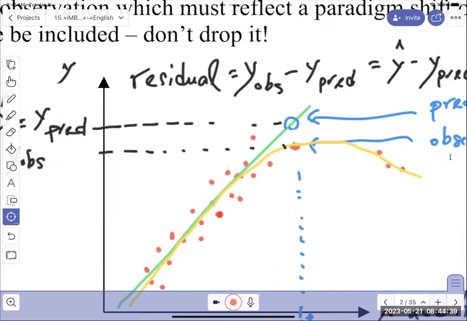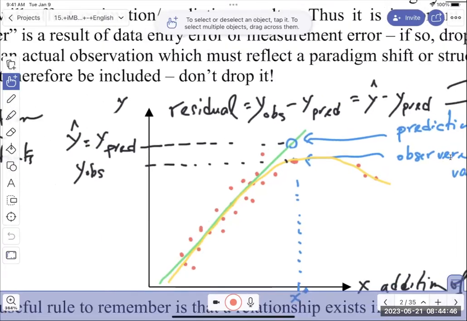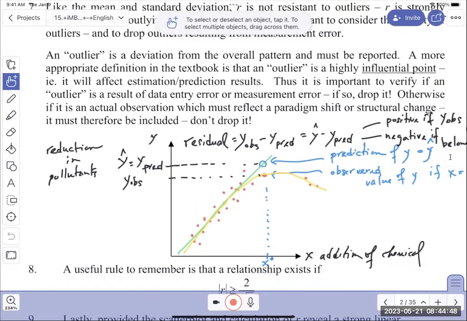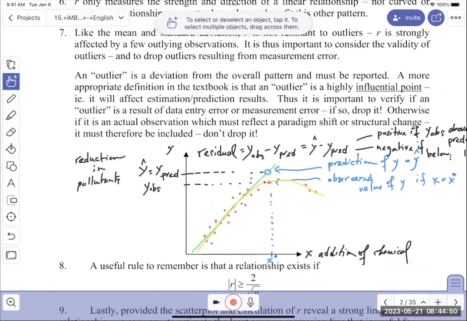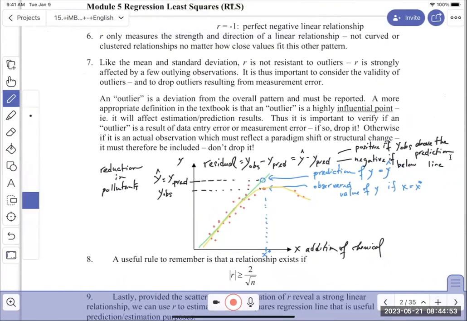So to get rid of that sign, I have to either remove it, like taking the absolute values of it, or what we do in statistics is we square. So this is the line that minimizes the square residuals.